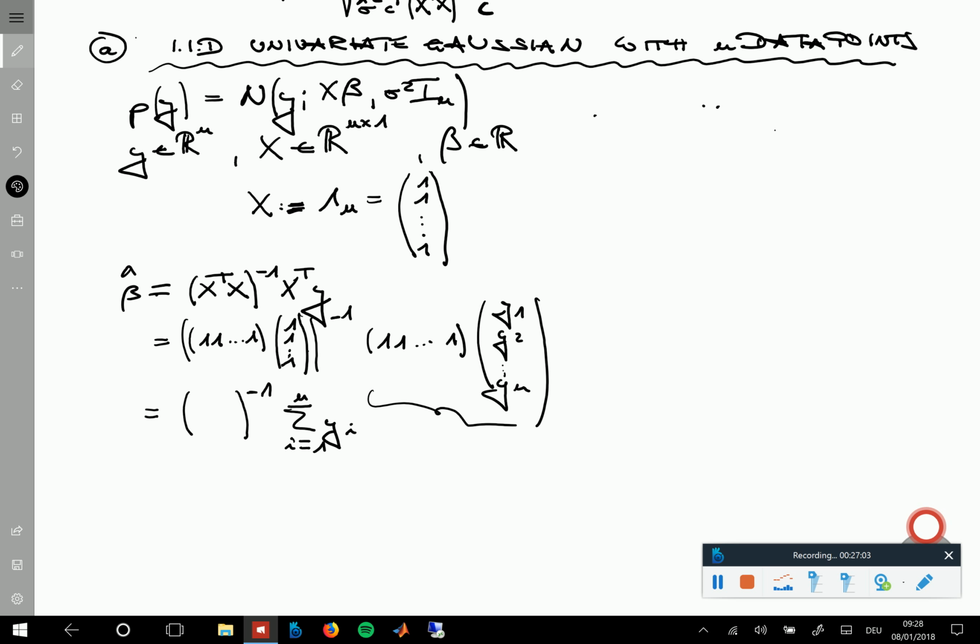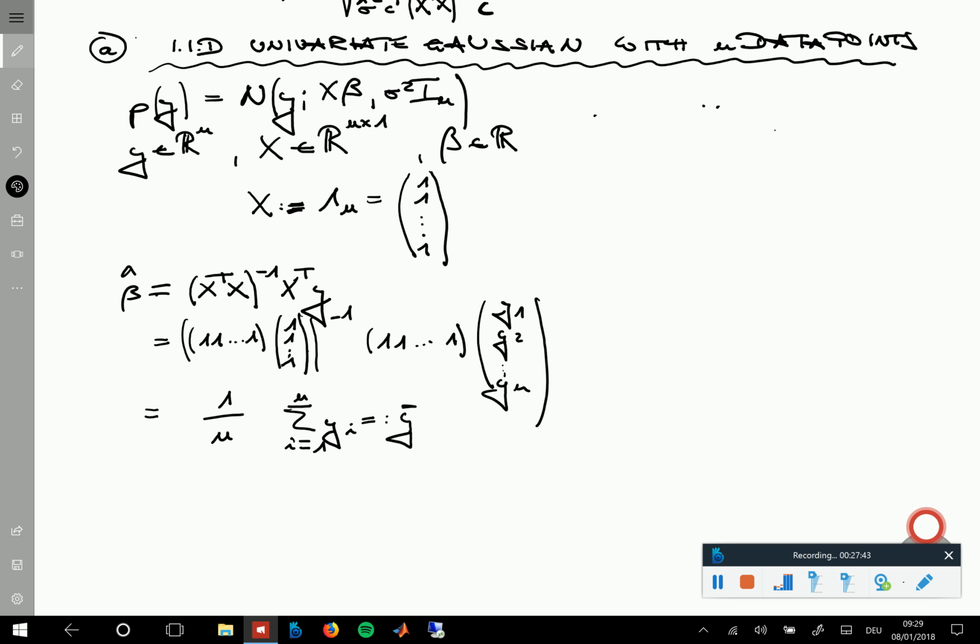If you multiply this vector of ones with itself, one of them transposed, you get exactly n, and then you have to do n to the power of minus 1, which is 1 over n. So you get something familiar, namely the sample mean, which in undergrad statistics is often denoted by a bar over the y.